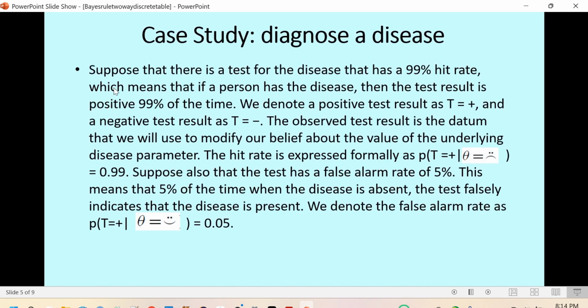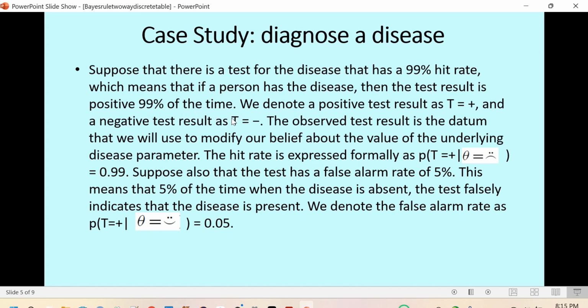And for this kind of study, for diagnosis, there is a hit rate. So what is a 99% hit rate? The hit rate means that if the person actually has the disease, the test result is positive 99% of the time.